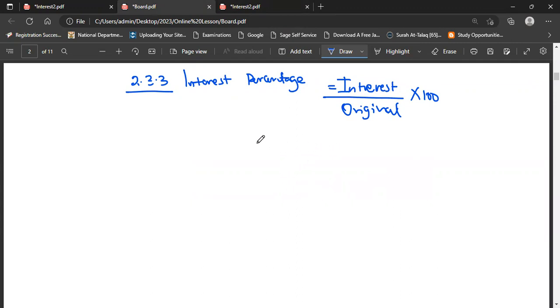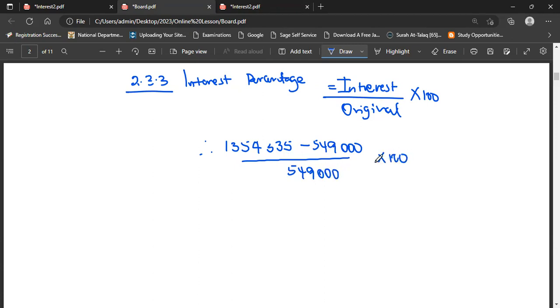So we shall say 1,354,335 minus the cash money, that's the original, divided by the same amount, times 100.